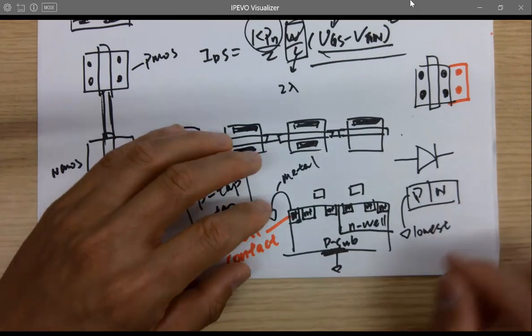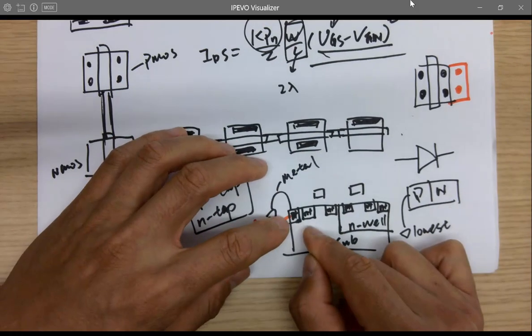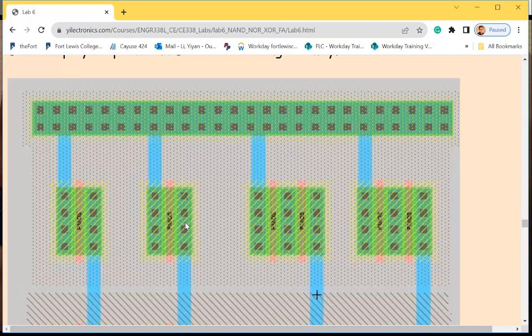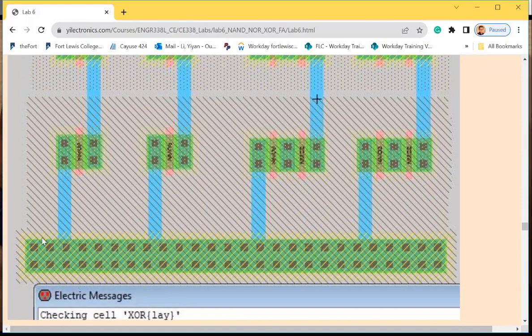Okay. Same to the NMOS. Got P-tap, short to the P-sub. That's why you placed this thing here. This thing will dope P+ in it and provide a via so you can connect to metal 1.